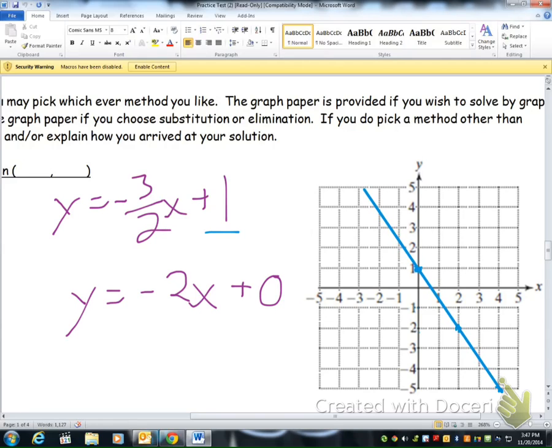Again, making sure that they're nice and neat. And then my other graph is going to have a y-intercept of 0, but a slope of negative 2, so I'm going to go down 2 and to the right 1, down 2 and to the right 1, or up 2 and to the left 1.